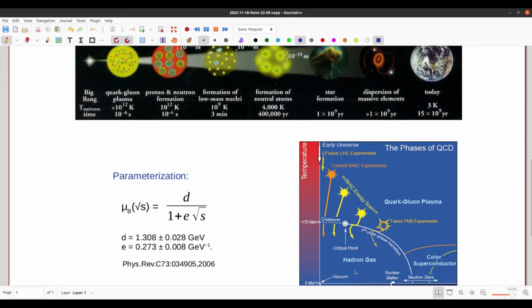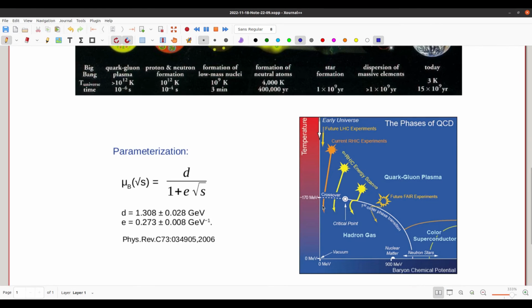Basically we call it hadron gas. Is it a smooth transition or a first order phase transition? For this, the theoretical model suggests that in the low mu b region it's a crossover, and in the higher mu b region there is a first order phase transition.